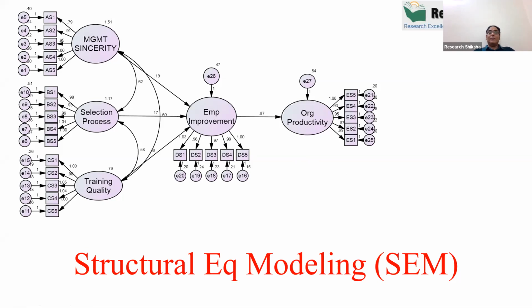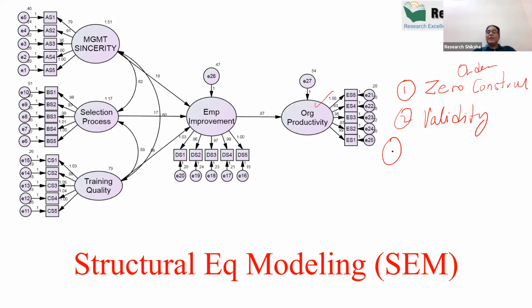So let me tell you once more. First of all, I will examine each construct, one zero-order construct. Each construct in itself is a zero-order construct. Then I will check the validity of the model.